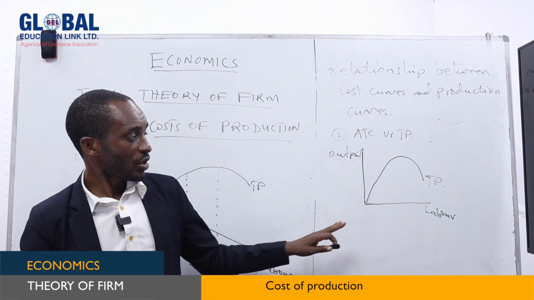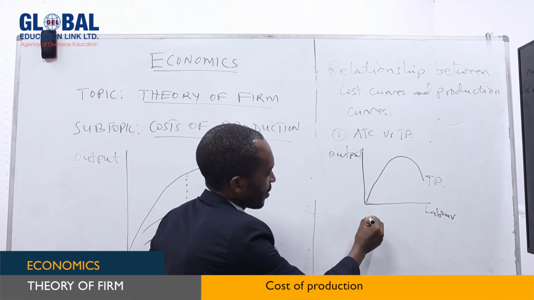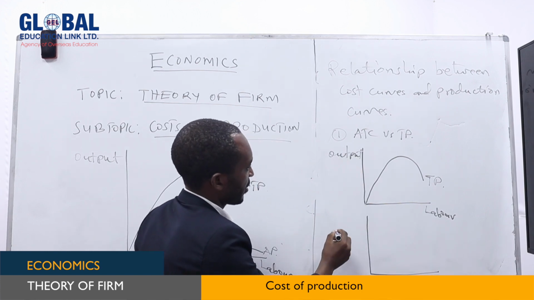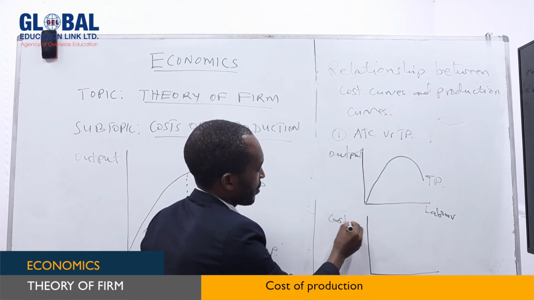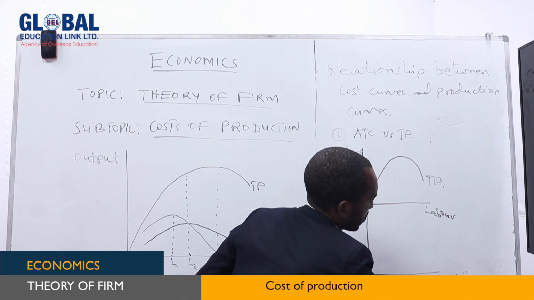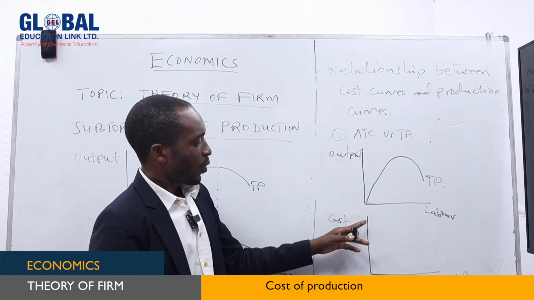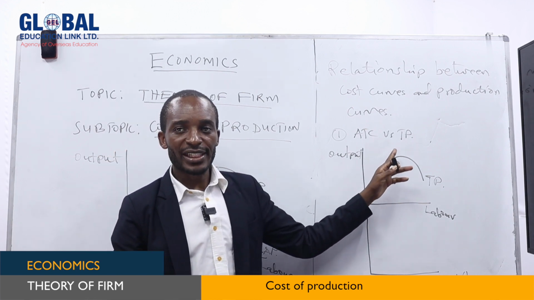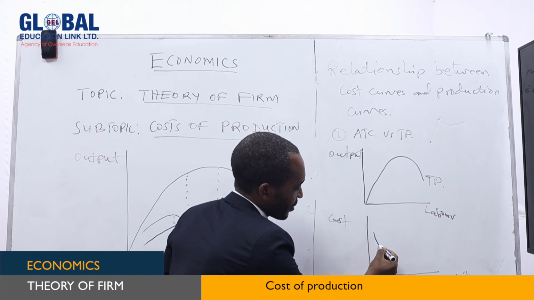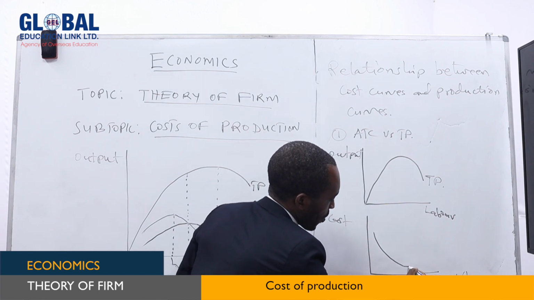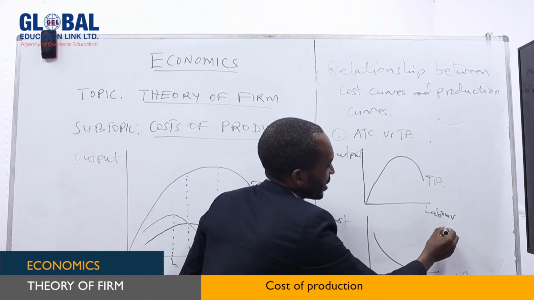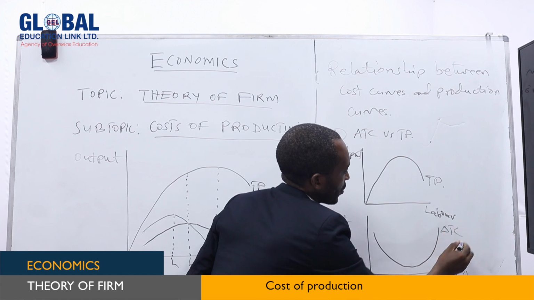And for the cost curve, the average cost, here is cost, and here is Q. When the total output increases, the cost is declining. So the average cost will be declining, then we reach a minimum, then we start to increase. So this will be the average total cost.